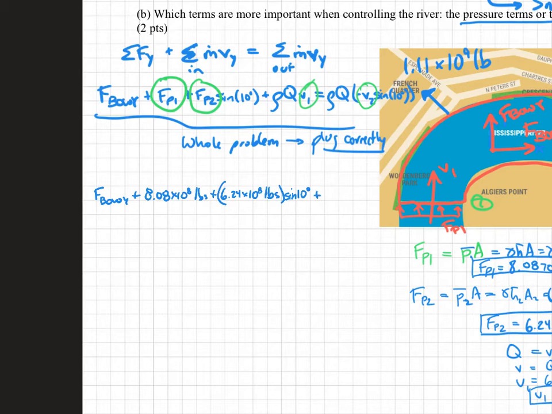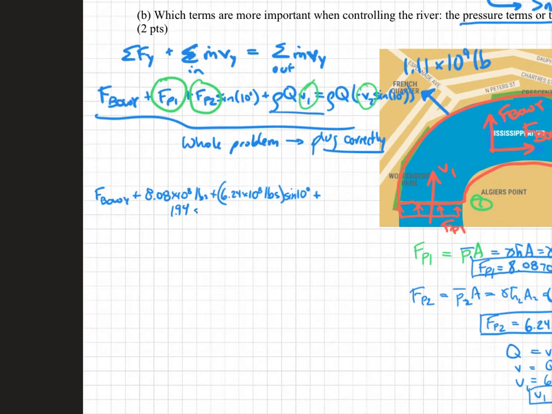Plus, and this is our first momentum term, the rho of water, and this continues to be a problem of people not getting the correct rho. Rho is 1.94 slugs per cubic foot, times the flow rate Q, 600,000 CFS, times 2.7778 feet per second.